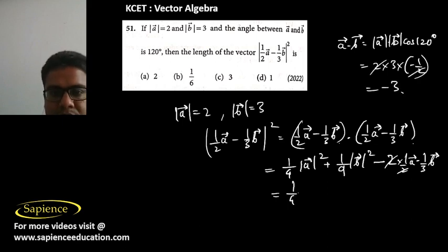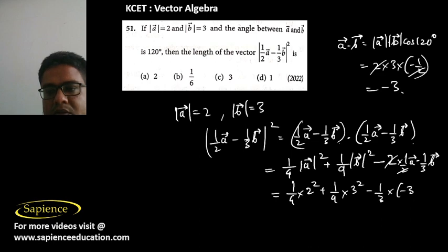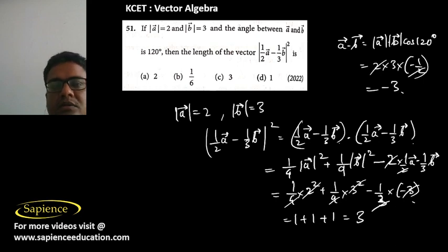Now this is 1 by 4 into 2 square, 1 by 9 into 3 square, minus 1 by 3 into A dot B, which is minus 3. 3 and 3 will cancel, 9 and 9 will cancel, 4 and 4, 1 plus 1. Option C is the correct answer.